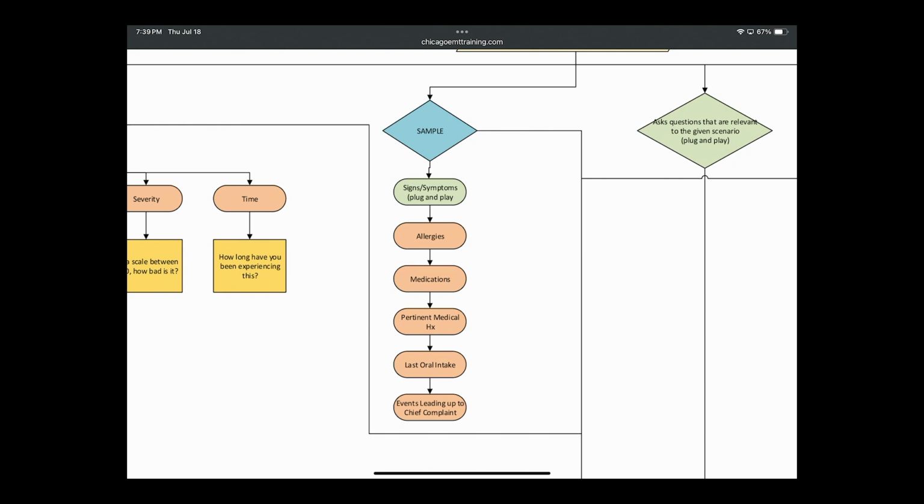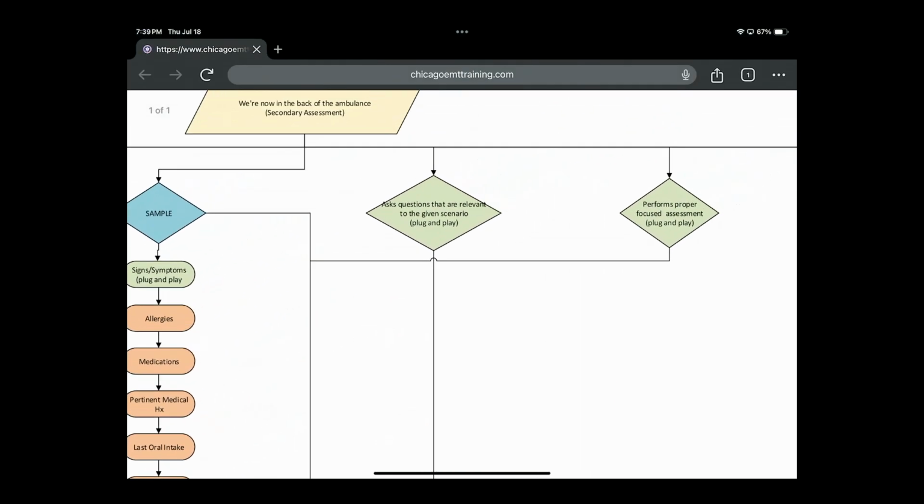So, for example, if someone had a chief complaint of an allergic reaction, we would be looking for facial swelling, maybe oropharynx swelling, laryngopharynx swelling, peripheral edema, widespread hives like urticaria, itchiness, things like that, things that are relevant to the patient's chief complaint. A for allergies, M for medications, P for pertinent medical history, L for last oral intake, and E for events leading up to the chief complaint.